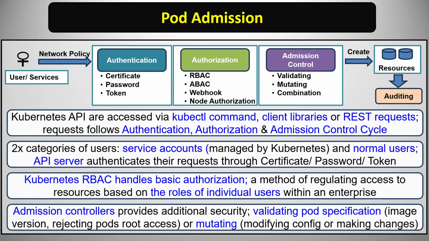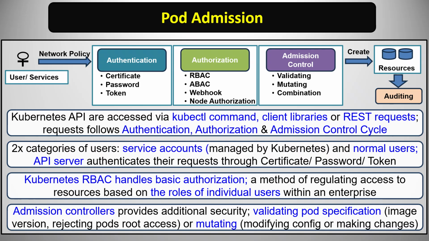admission control. Two categories of users are there. The first one is service account that is managed by Kubernetes, and the second is normal user. The API server authenticates these users and their requests through certificate, password, and token.